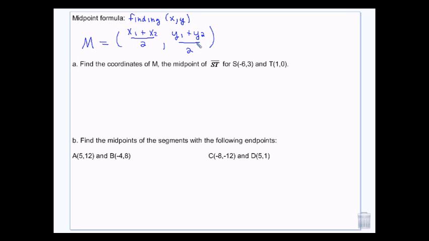And this will tell us the coordinates of the point that is exactly halfway between x1, y1, and x2, y2. So just like we do with distance, we have to assign x1, y1, and x2, y2 to the points.